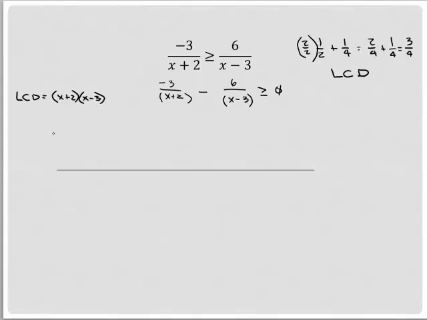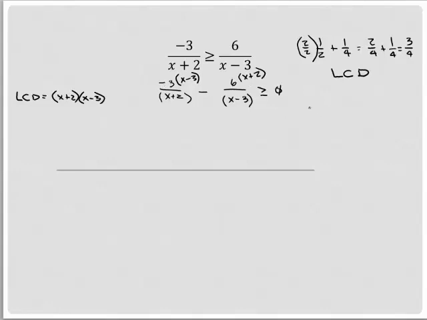That is our least common denominator. So what are we missing? We've got x plus 2, so we need to multiply this by x minus 3 over x minus 3. And x minus 3, we need to multiply that by x plus 2.